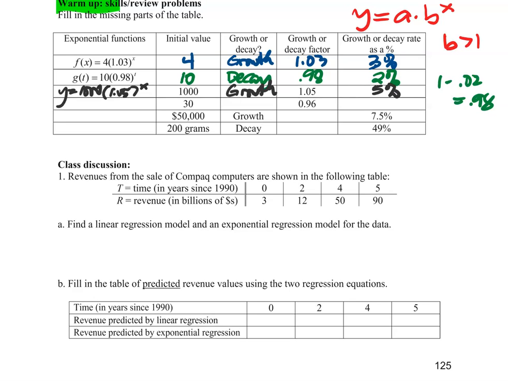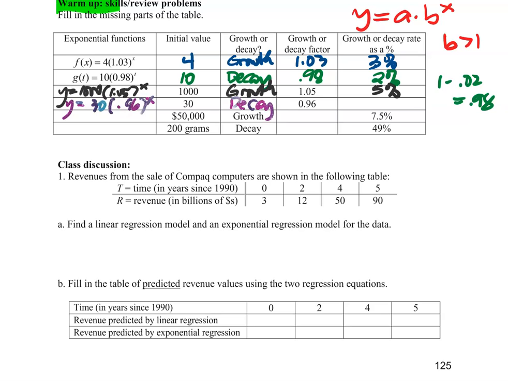Okay, next one, 30 is the initial value. We have 0.96, so that is y equals 30 times 0.96 to the power of x, and 0.96 is less than 1, so this is decay.